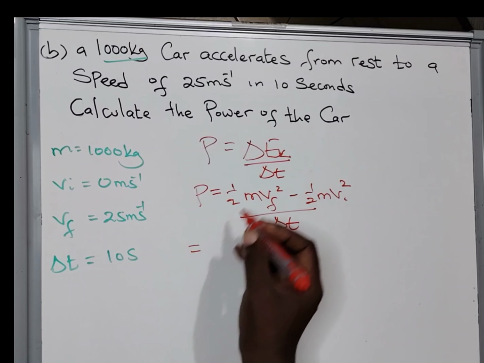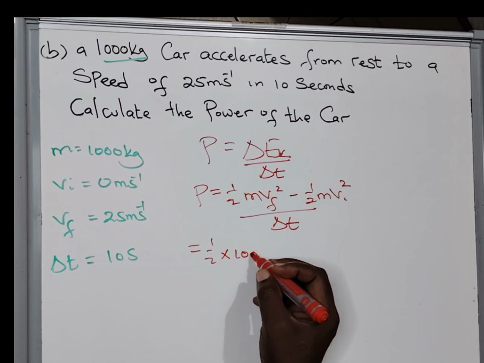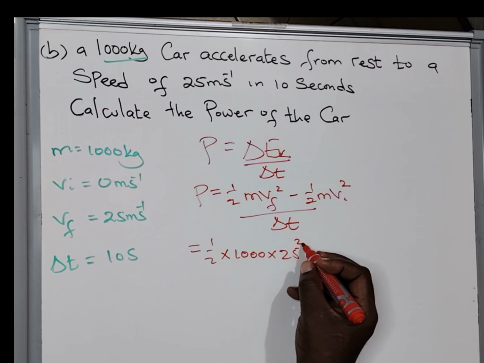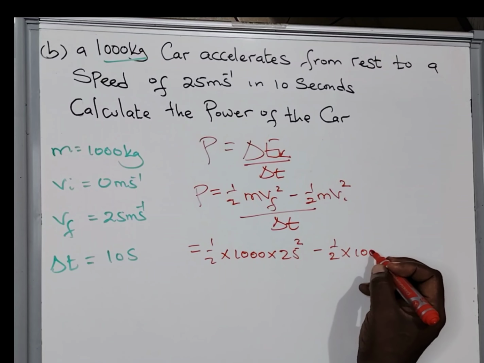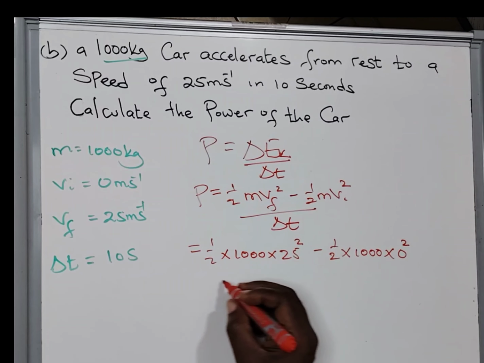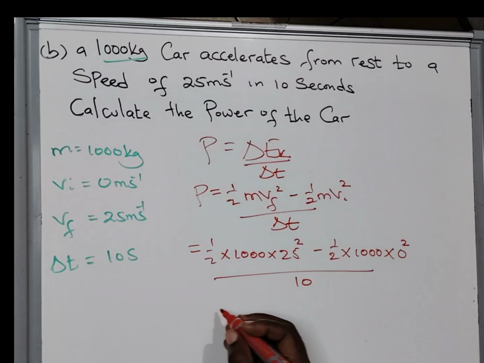We have the mass, the final velocity, and it is squared, minus a half times the mass times 0 squared, all over 10 seconds.